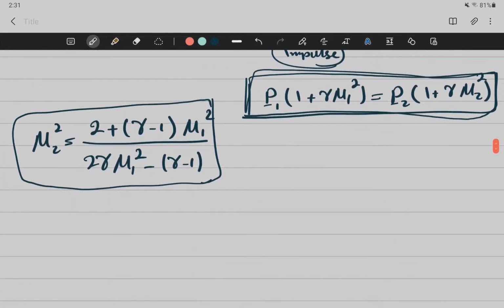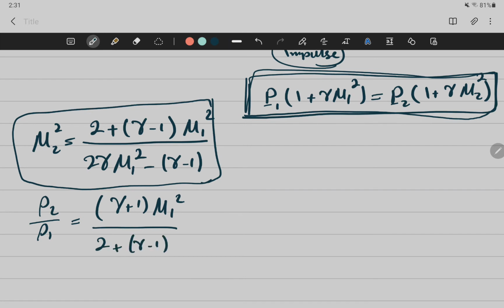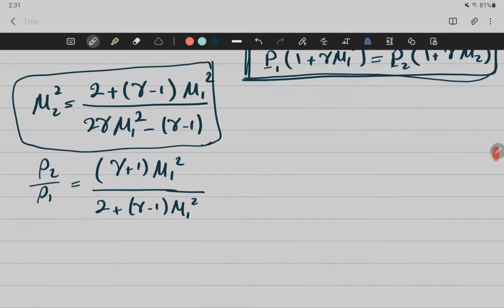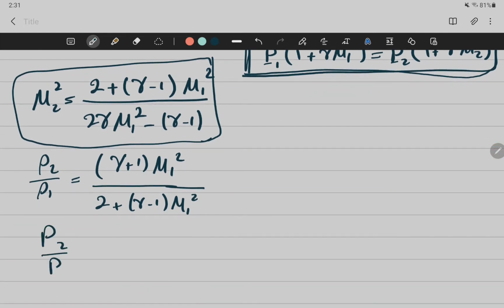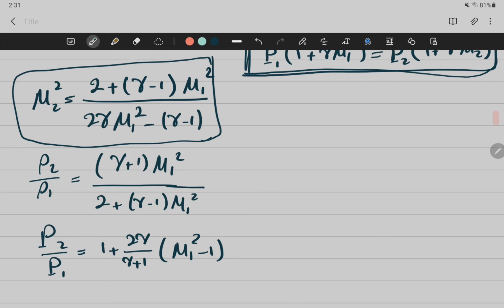And we actually can find the relationship between the densities, let me just write down the equation for you, and also pressures, and also temperature, which based on the ideal gas law is just the pressure ratio multiplied by the density ratio.